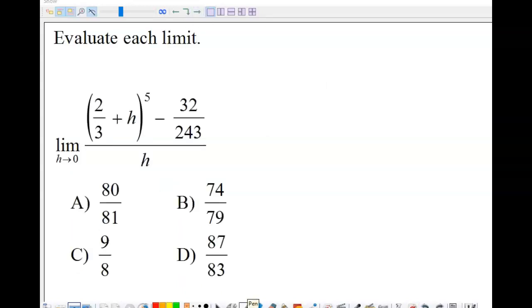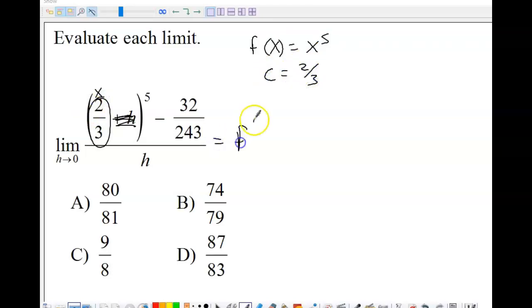This one, we're back to the standard limit definition of a derivative. This is an x. We ignore this, so the function is x to the 5th. The c value is the number that takes the place of the x there, which is 2/3. And so we're looking for f prime of 2/3.